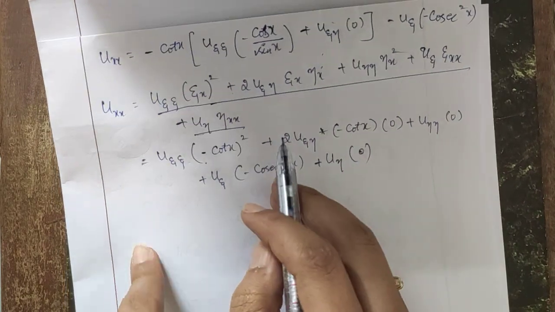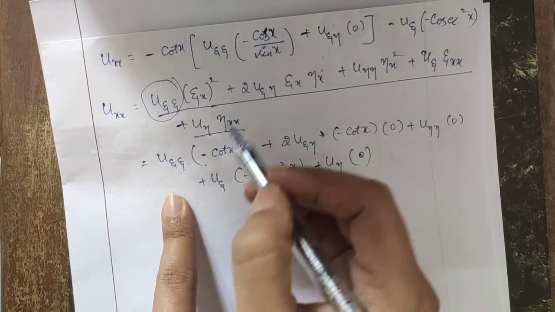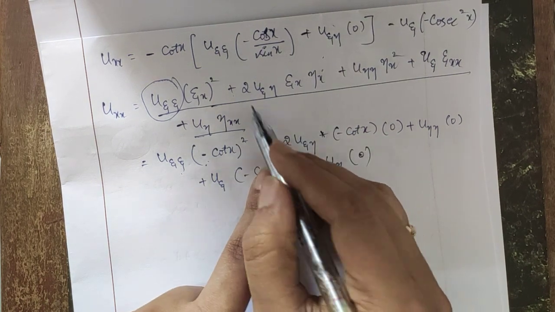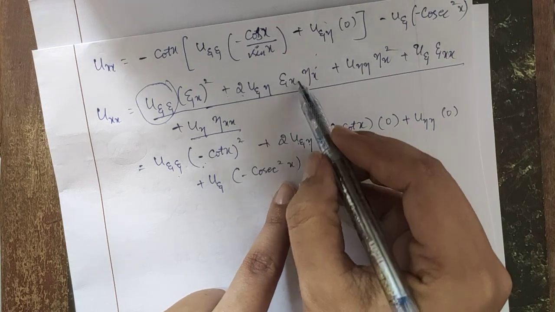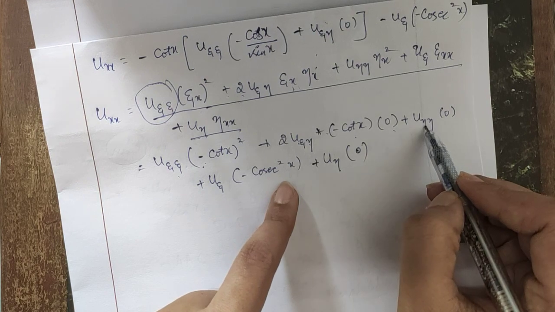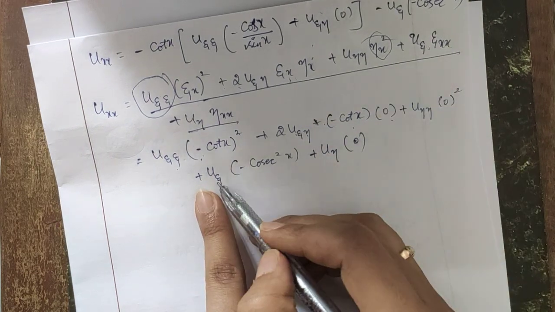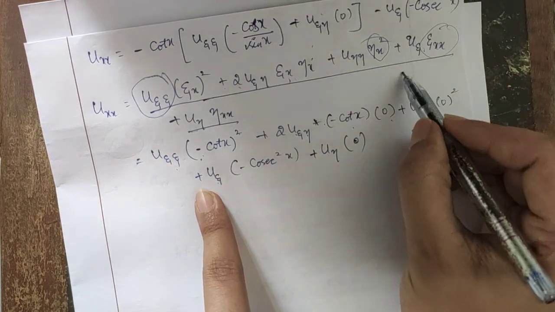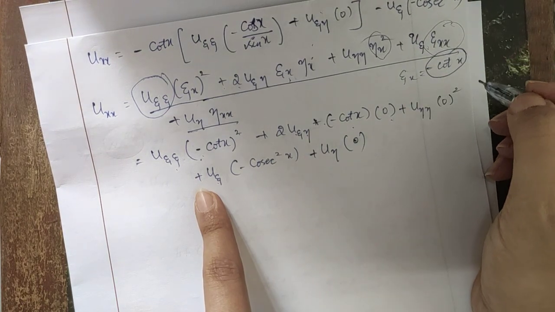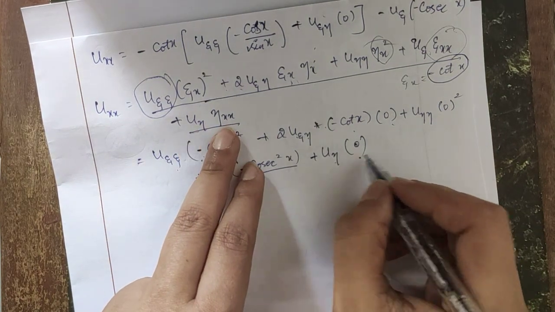While deriving the canonical form, we have seen that. So here u xi xi I have written as it is. Xi x value is minus cot x, so it is minus cot x whole square, plus 2 times u xi eta into xi x, which is minus cot x, eta x is 0. Plus u eta eta, eta x value is 0, so 0 square is 0 itself. U xi, xi xx: xi x is minus cot x, so differentiate minus cot x with respect to x and you will get minus cosecant square x, plus u eta into eta xx, which is 0.